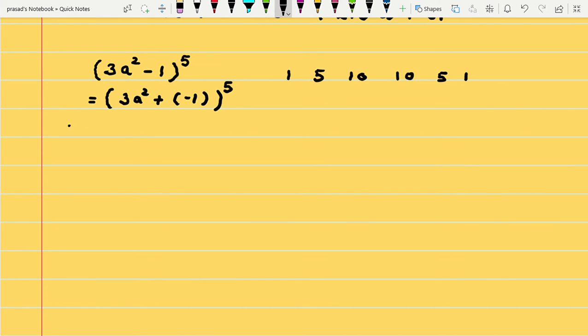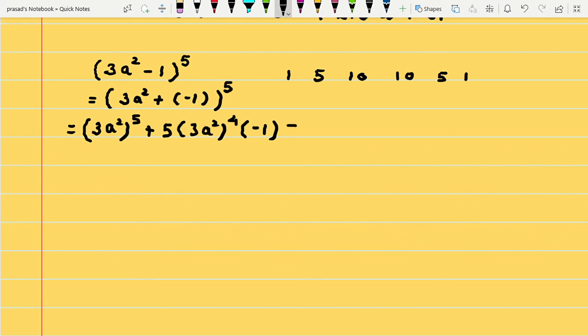So that is 3a square to power 5. Then the next coefficient is 5. 3a square to power 4, and here introduce negative 1.